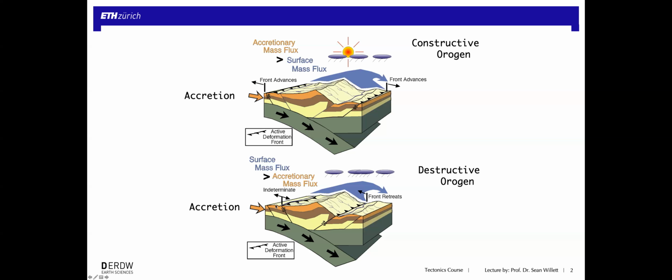And that new material being added means that the new material has to be thrusted and deformed. And it could be that this thrust front continues to advance outward, right? Because it has to deform in order to accrete new material. So in fact, this destructive orogenic system is sort of indeterminate in its prediction for what happens to the deformation front on the pro wedge side.